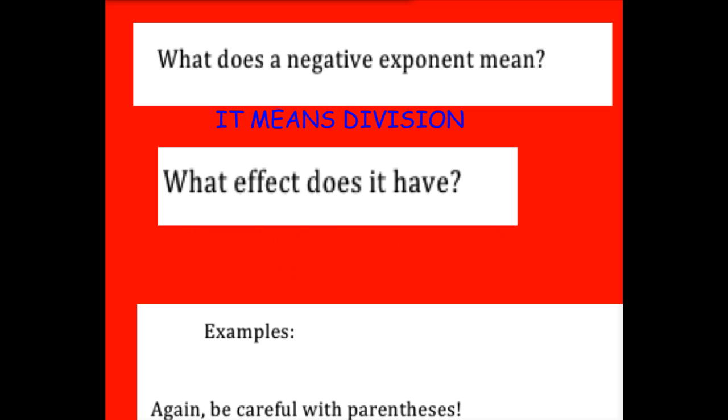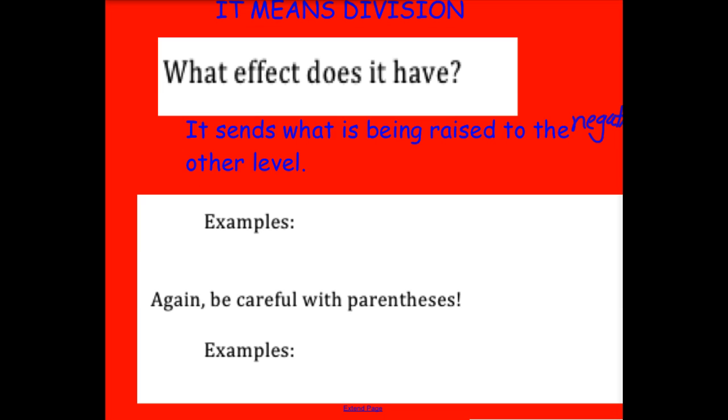The effect that it has is, it sends what is being raised to the negative power to the other level. What do I mean by that? Well, here's what I mean. If it's x to the -4th, I divide by x 4 times.